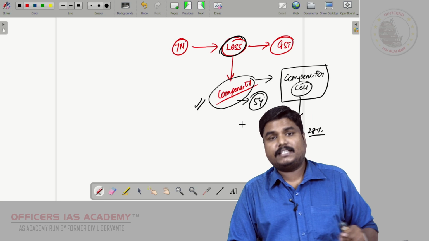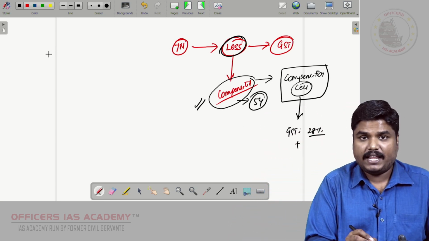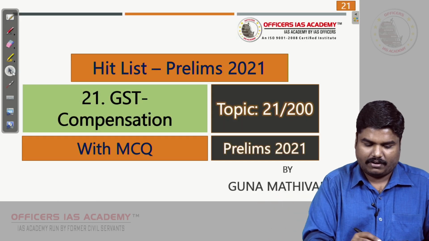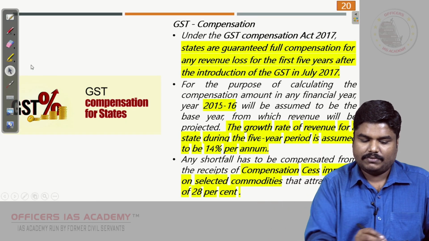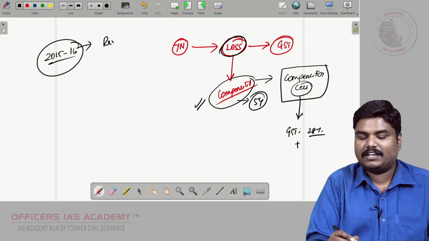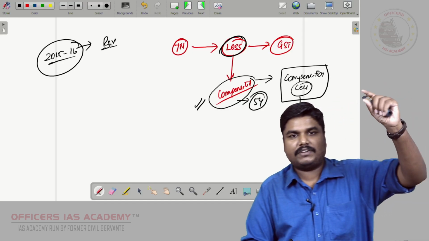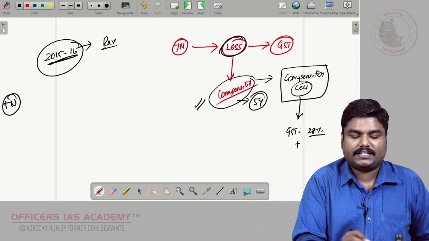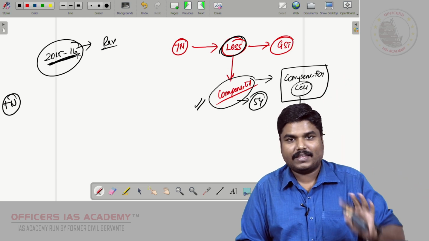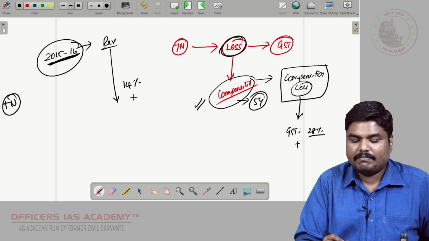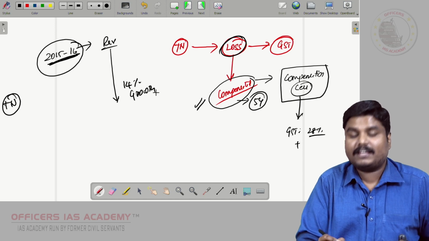And central government also said that we will take 2015-16, if I am not wrong, it should be 15-16 only, yes. 2015-16 revenue will be taken as the base revenue. Now, Tamil Nadu government in 2015-16, what was their revenue? From that revenue, 14% growth will be considered.